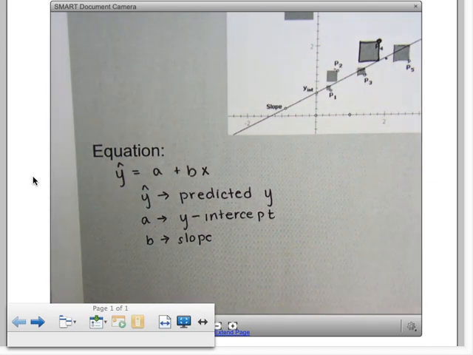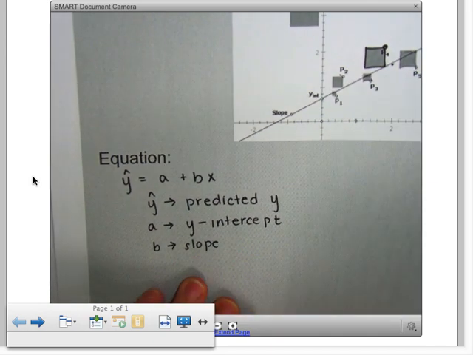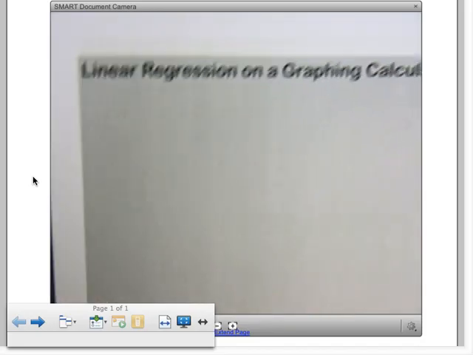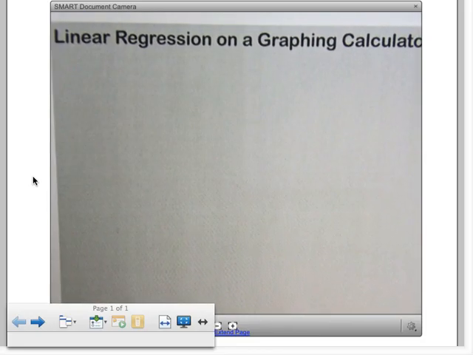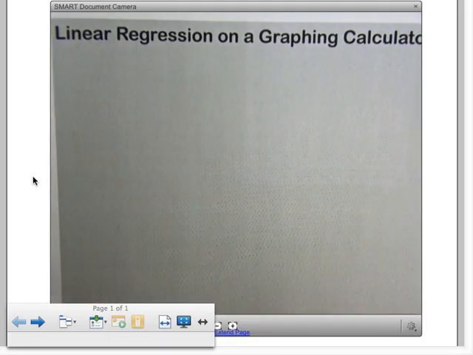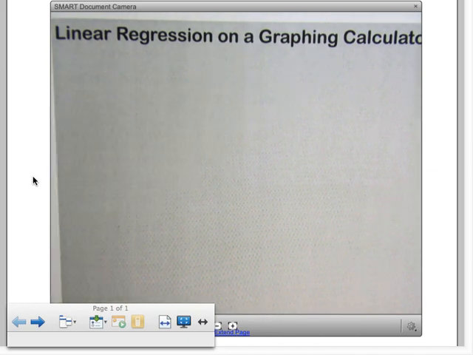Okay, so if you go to the next page of your notes, we're going to go over the steps on the calculator, and then we're going to do 2 examples. Okay, so the first thing we're going to do is enter all the values into list 1 and list 2.